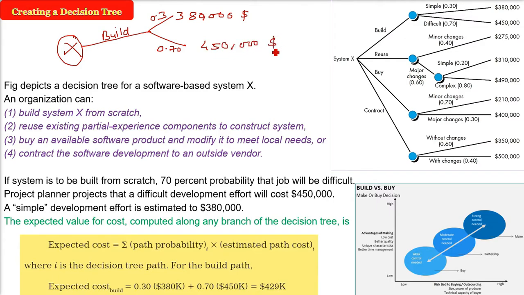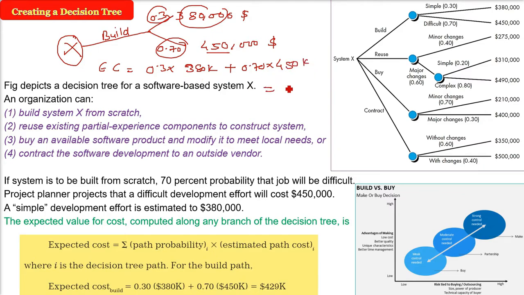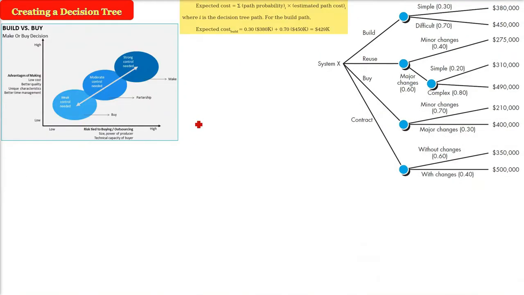What is the expected cost for building the product from scratch? You multiply 0.3 with 380K, then multiply 0.70 with 450K and add them. The value you get is 429K. Now this has to be done for reuse, buy and contract. I already did this one. This has to be done for all of these, and the lowest cost is the final one.